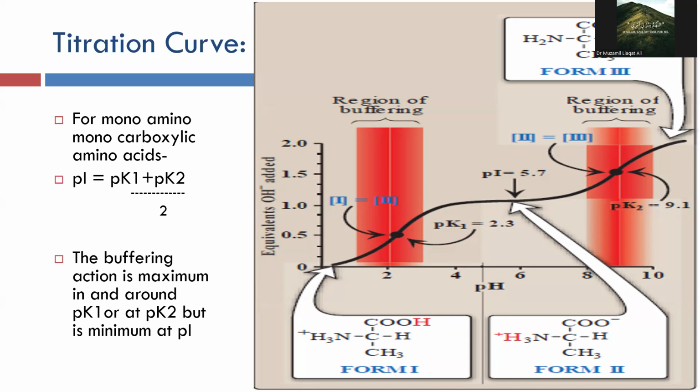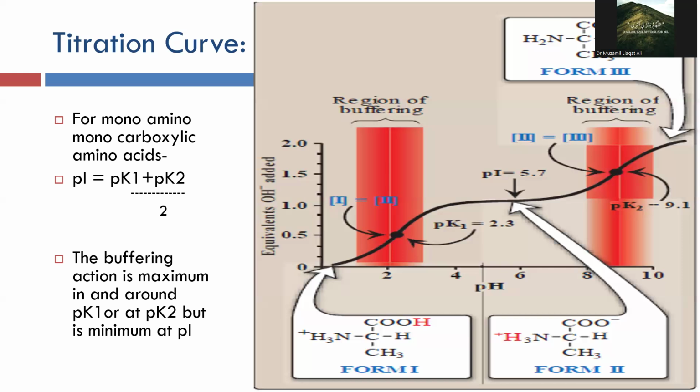So the formula for calculating the isoelectric point of an amino acid is: pI, the isoelectric point, is equal to pK1 plus pK2 divided by 2. For alanine, the pK1 is 2.3 and the pK2 is 9.7.